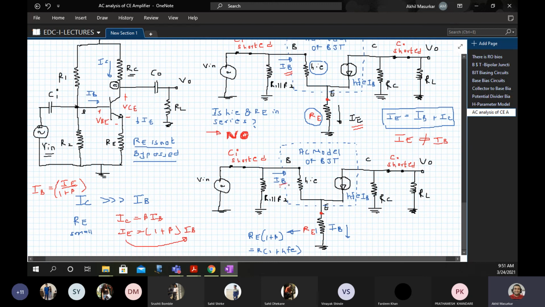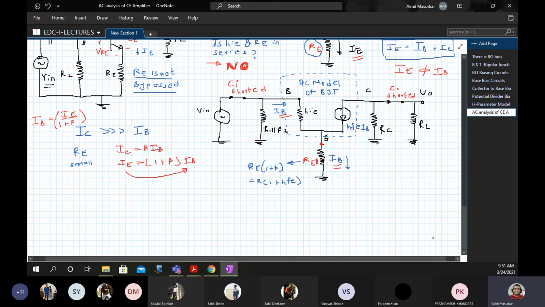Now I can see both of these are having the same current. So I am writing here RE dash. Here it is RE, here I am writing RE dash. So RE changed to RE dash and the value of RE dash has increased by 1 plus HFE.